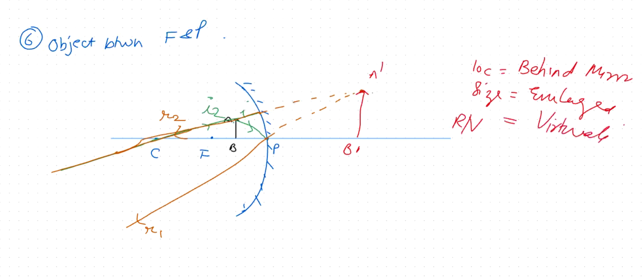We are extending it behind the mirror. And then the next is erect versus inverted. So what do you see? It's erect. So remember, most of the time virtual images are erect images. Okay, so if you see the heads of both the object and the image are at the same position, right? Upwards. So this was our sixth case.